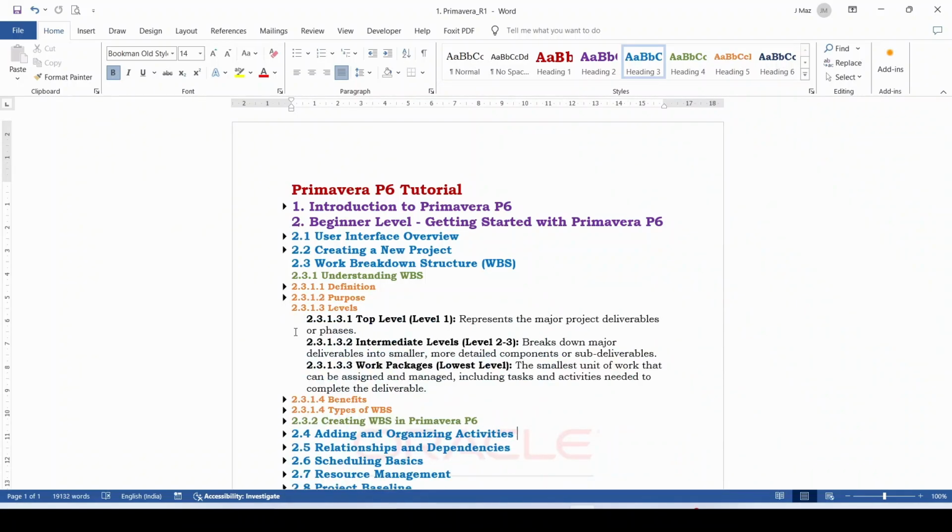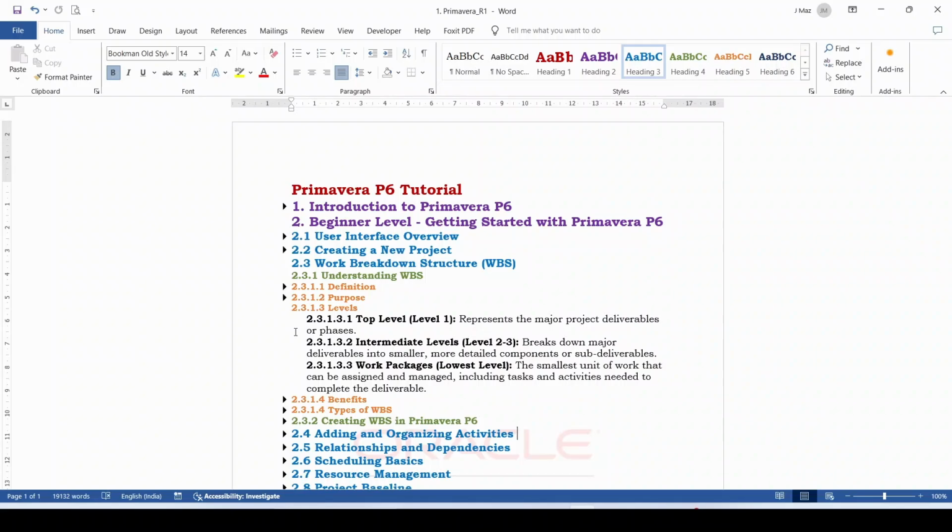Levels of WBS. See, a project can be divided into several WBSs. Further, each WBS may be divided into several sub WBSs. When a project is divided into several WBSs, the WBS directly under the project is called top level or level 1 WBS.